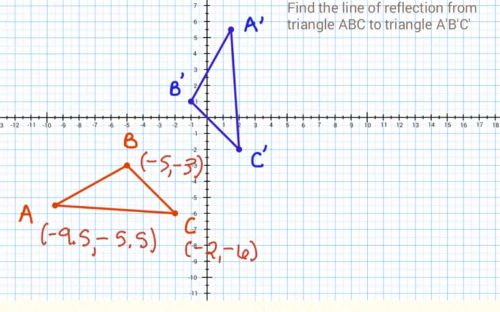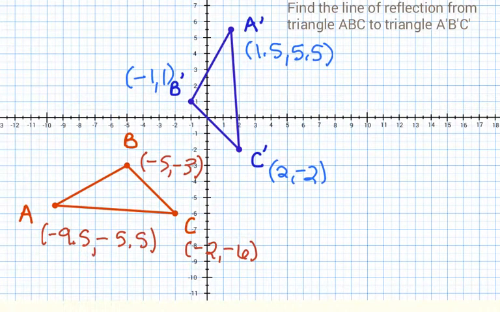So starting with our A again, A' is located at 1.5, 5.5. B' is located at -1, 1. And C' is located at 2, -2.